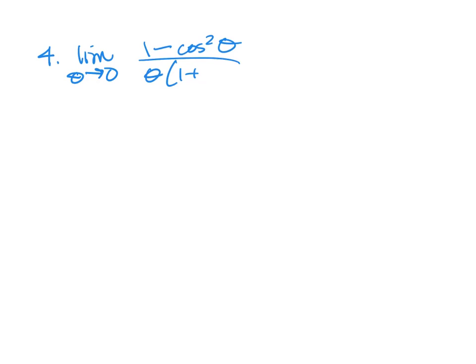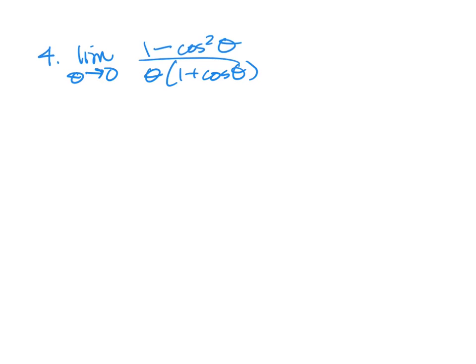So one of the ones requested was number 4, and the problem is the limit as theta goes to 0 of (1 minus cosine squared theta) over theta (1 plus cosine theta).